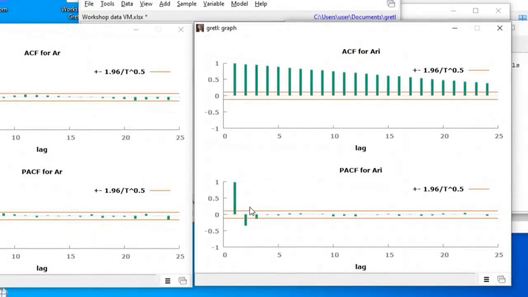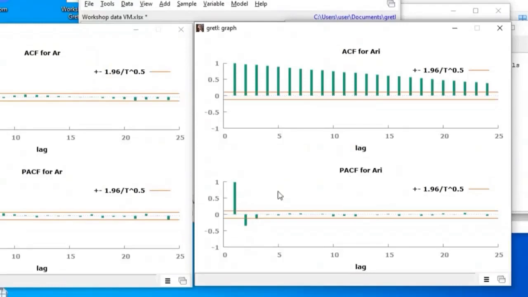So we have to interpret it this way. For a non-stationary series, PACF will indicate the number of unit roots or the order of integration. Here actually the order of integration is only one.